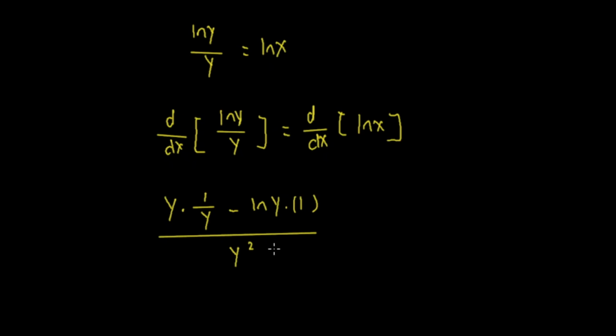Now notice that 1 over y times dy over dx, and here 1 times dy over dx, I can just factor it out as well. So I can do this whole thing and then multiply by dy over dx.